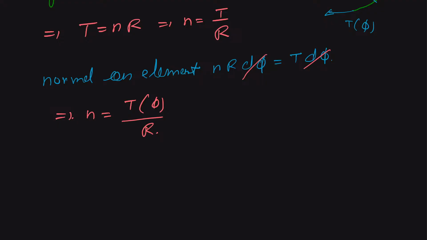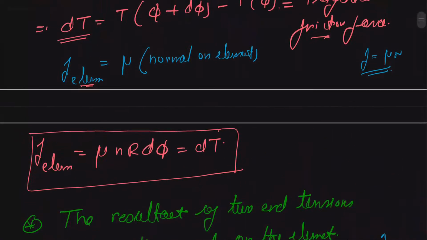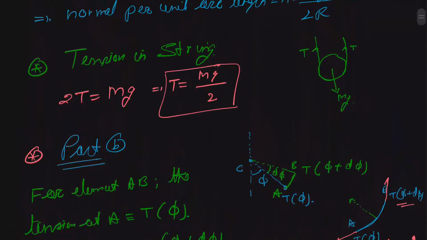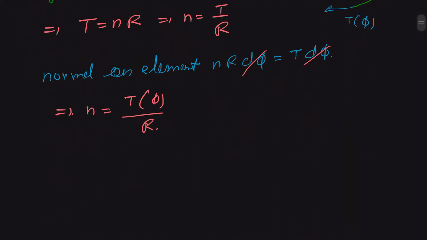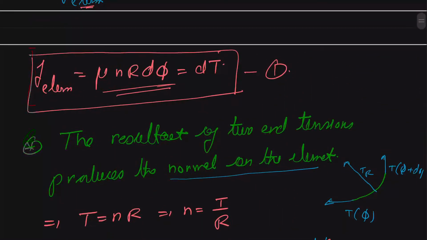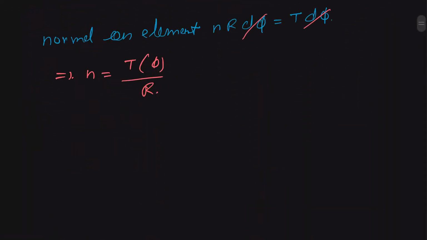And we already know one equation, this equation. Let us call this equation number 1, and d of T is equal to mu N r d of phi; let us call this equation 2.